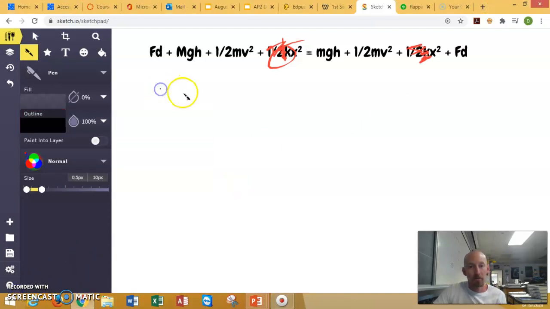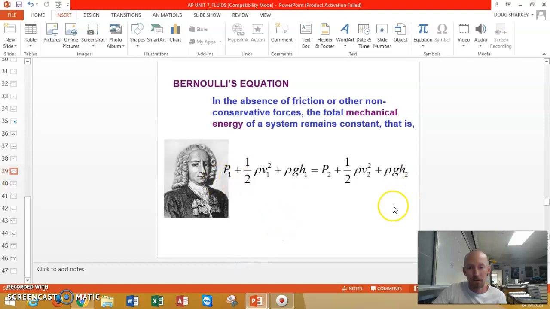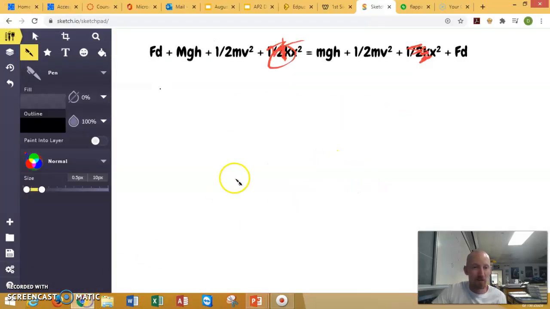All right, now, next thing we're going to do, we have to make a leap here, right? We need to get this to look like this. We need some rho here. We need density in there. Density, velocity, we already have. And we need P's, that's pressure. So how do we do this?